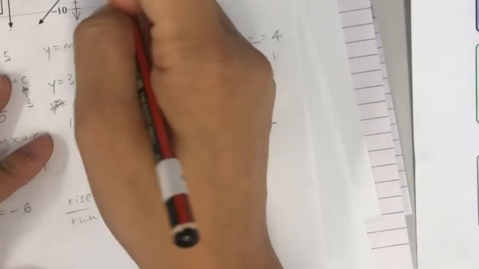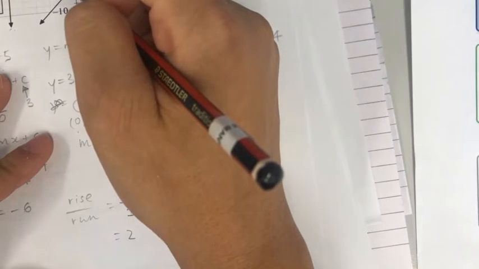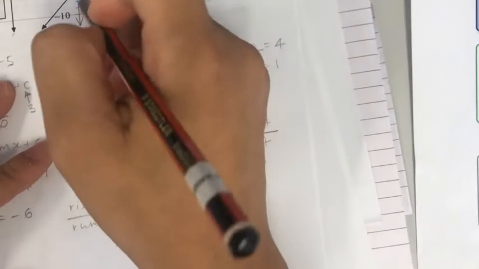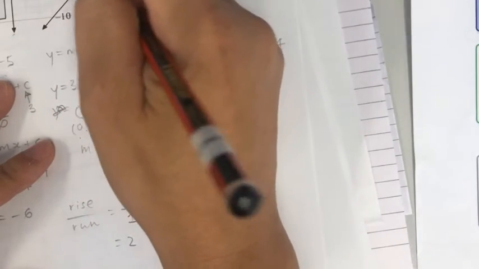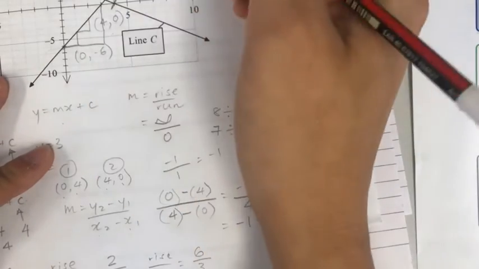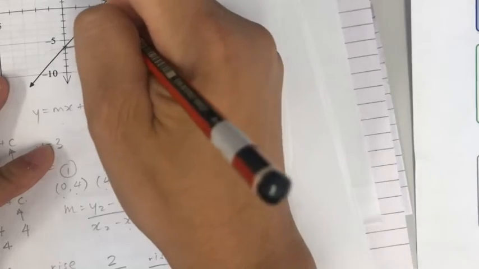Using the formula, you would have to pick 2 positions on that line. And so I would just, again, use the x and y intercepts. The y-intercept is minus 6. So that coordinate would be x is 0, and the y would be minus 6. And then it cuts through the x-axis here for the x-intercept.